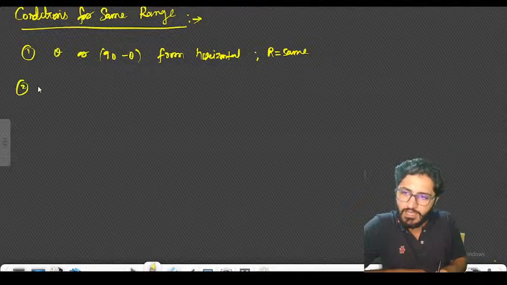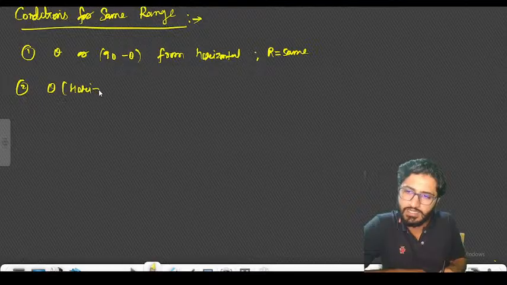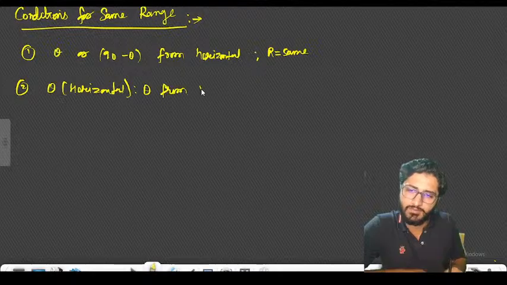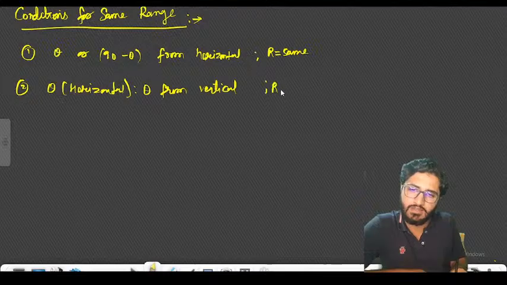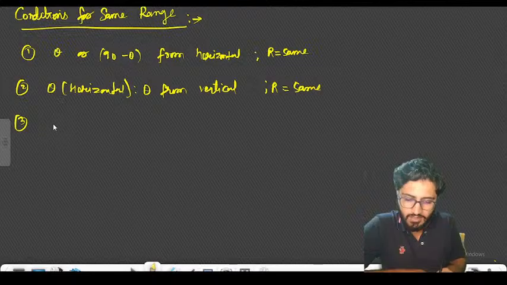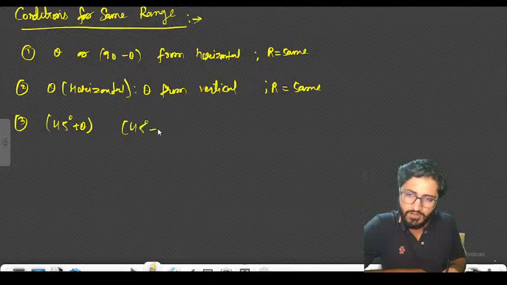Second, if we are projecting at theta from horizontal and theta from vertical, range is same. Third, if it is 45 degree plus theta or 45 degree minus theta, my range is same.